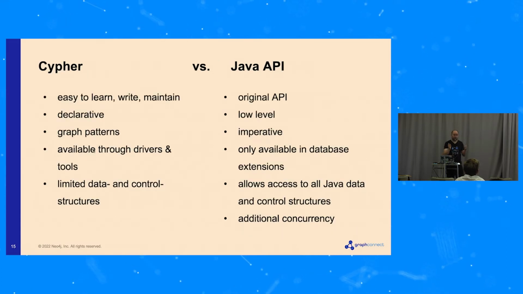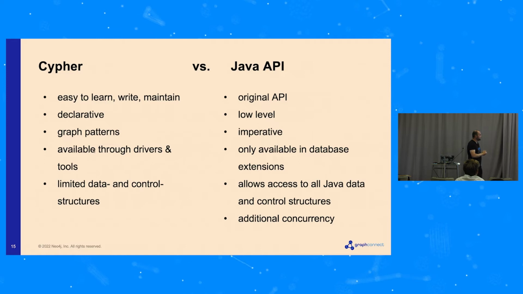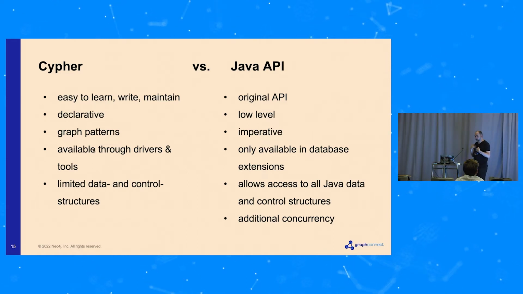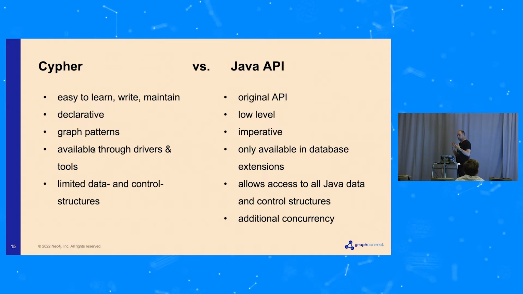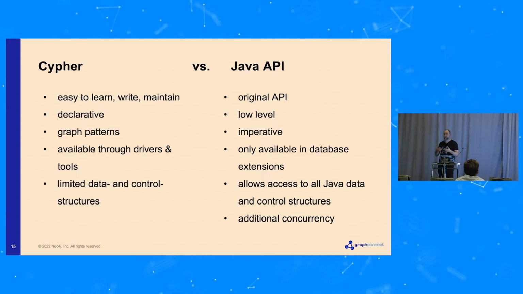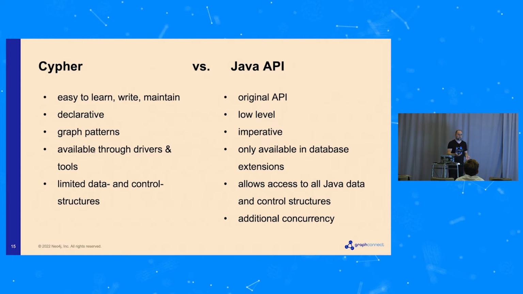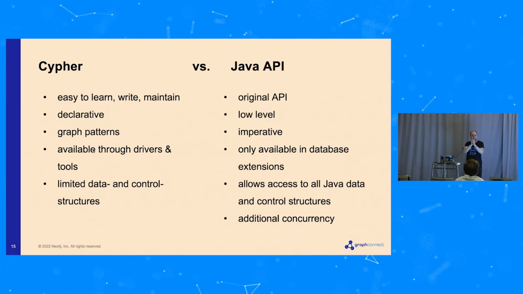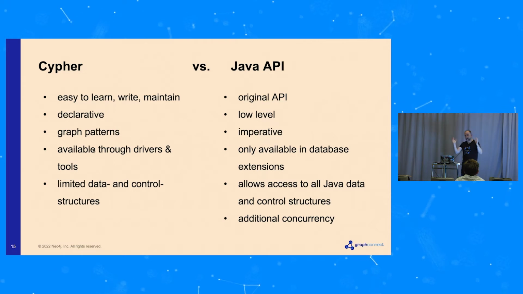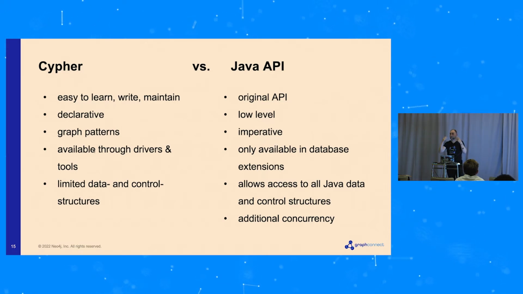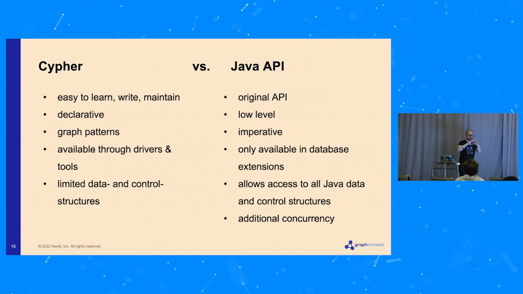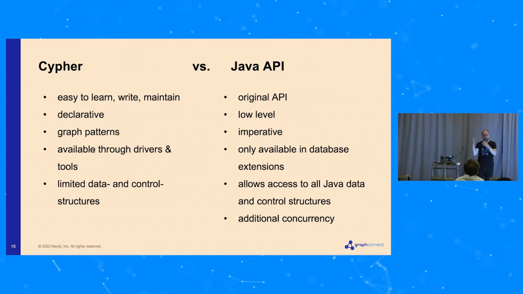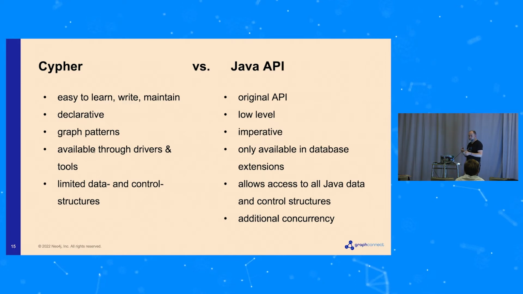If you compare Cypher with the Java API, Cypher, at least for me, was always very focused on readability, making it easy to learn, making it a humane language as such. You start with a pattern and then everything circles around patterns. That makes this consistent concept of pattern in the center of everything, and the rest is just decoration of the pattern, either for creating data, for finding data, or for manipulating data as well.